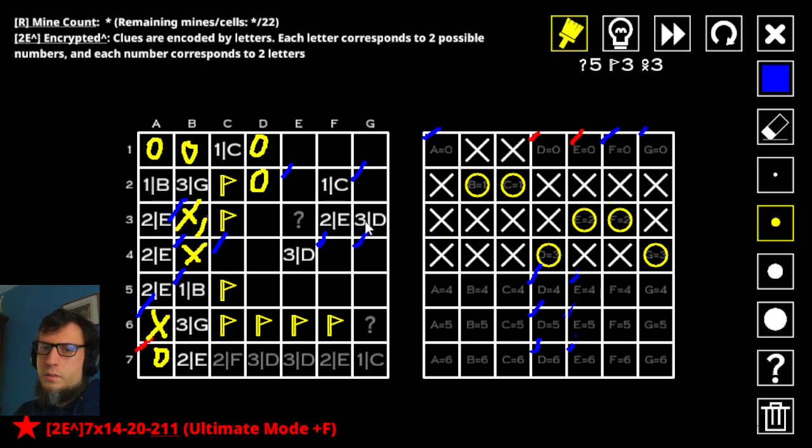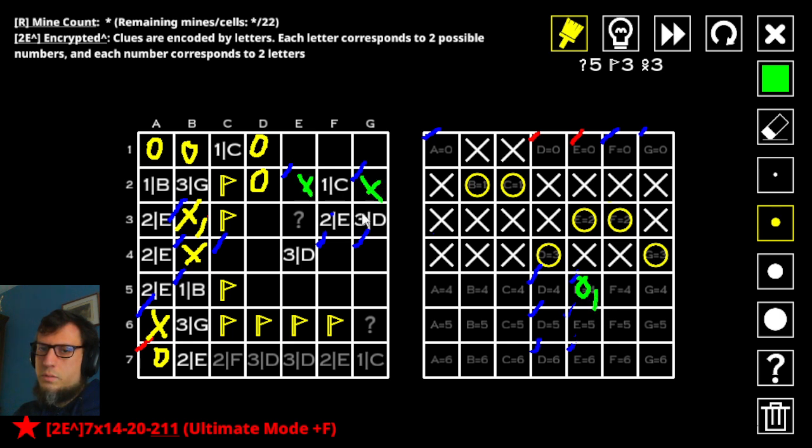This 3D. Oh, D can't be 1. So this is... wait. This cannot be 3 unless that's 4. So either E equals 4... okay, so let's assume E equals 4.